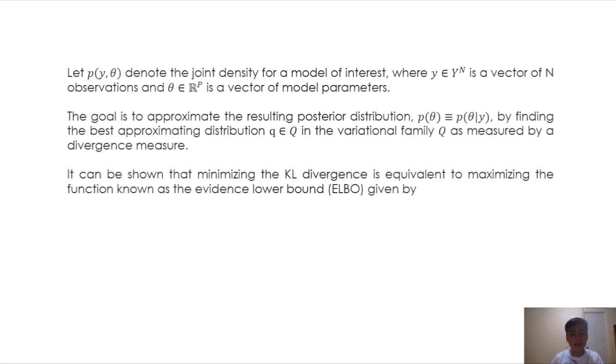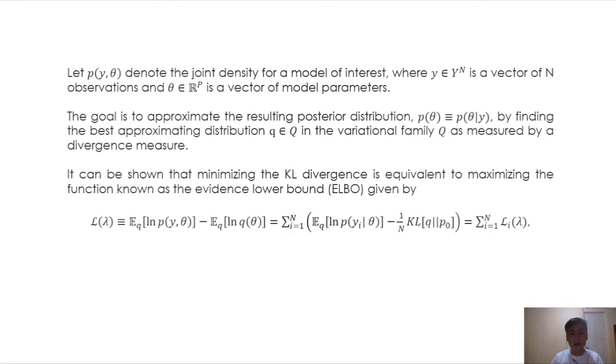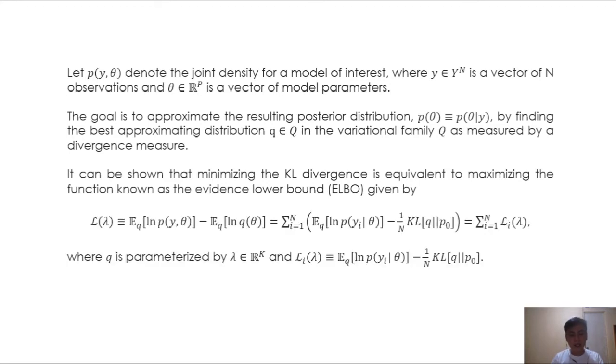And as we learned in class, by minimizing the KL divergence, we are also maximizing the function known as the evidence lower bound or the ELBO, which is given by the following formula. Here, Q is parameterized by lambda in Rk, and L of lambda is equivalent to the following expression. Now, the optimal approximation here is Q lambda star, for lambda star equal to argmax lambda of L lambda.